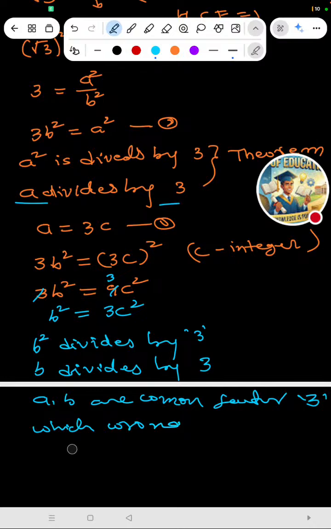Here a and b are co-prime. Co-prime means the HCF is only 1, but we are getting 3, which is wrong.